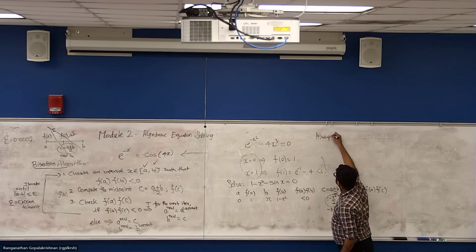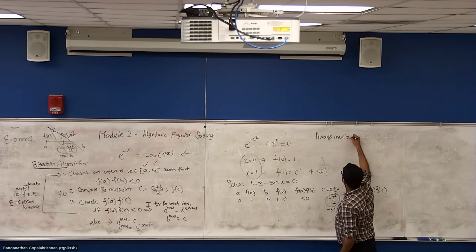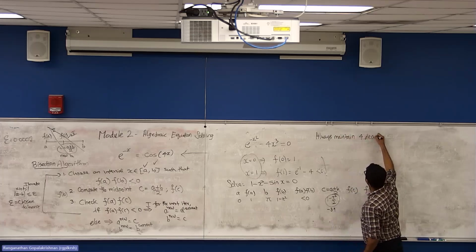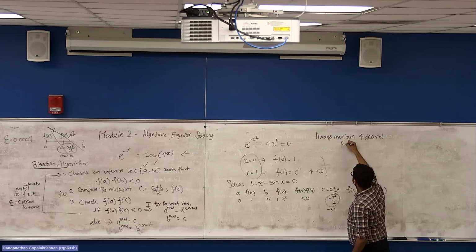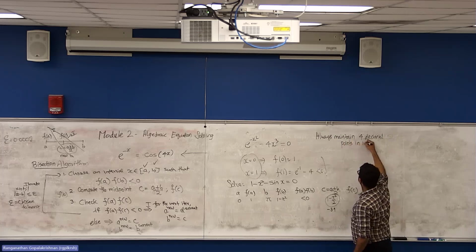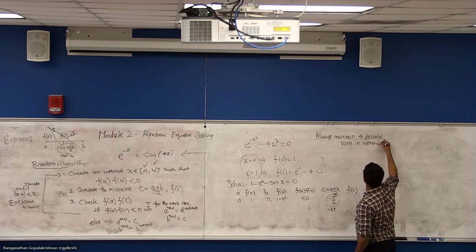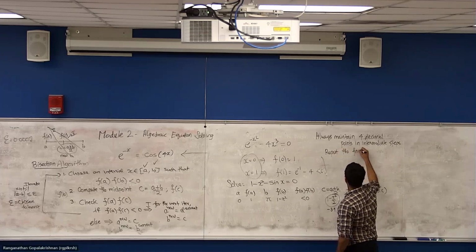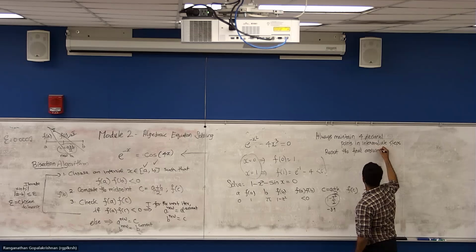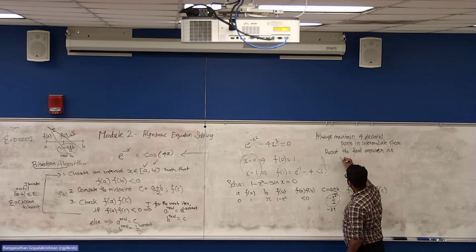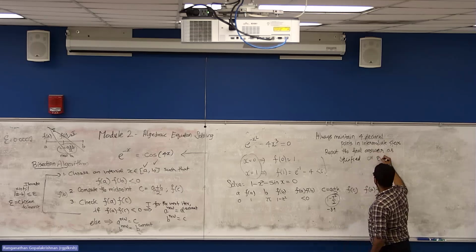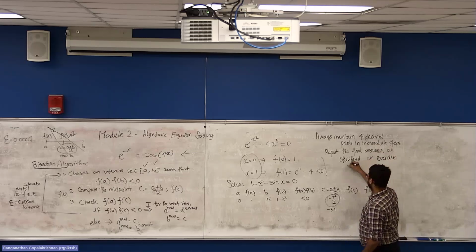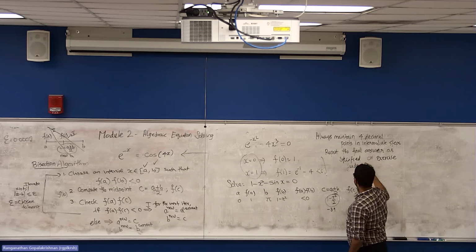Always maintain 4 decimal points in intermediate steps, and report the final answer as specified in the problem, or exercise your judgment. I'll tell you at the end how to present your answer.